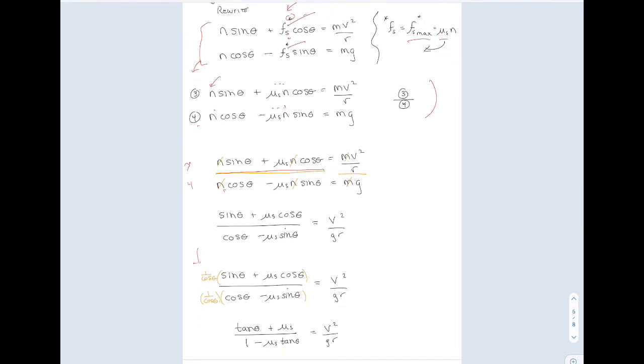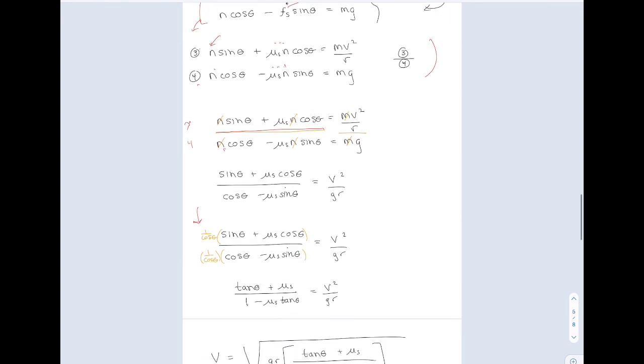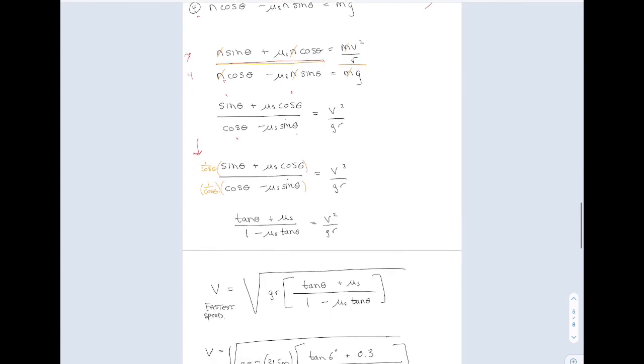Now this step I didn't have to do, but instead of having four trig functions, sine, cosine, cosine, sine, I multiply top and bottom by 1 over cosine. So this term became tangent, that became a 1, this became a 1, and that term became a tangent.